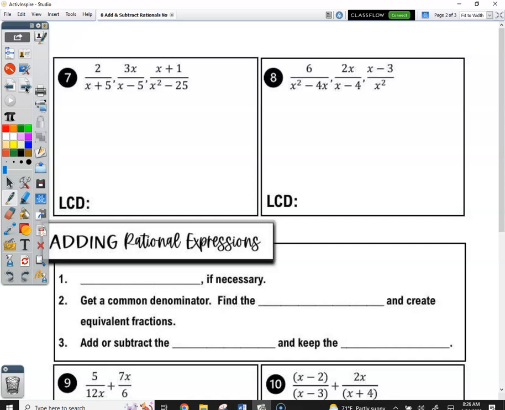Seven does have a slightly different denominator, and it's right here. What do you notice about it? It is a difference of squares, and you do want it in factored form when you're trying to come up with the LCD.